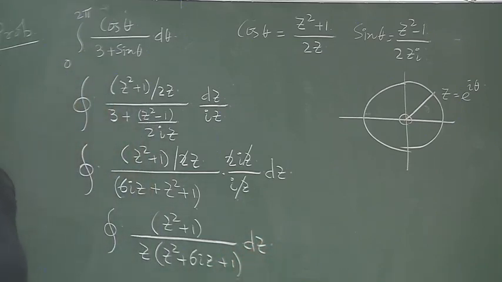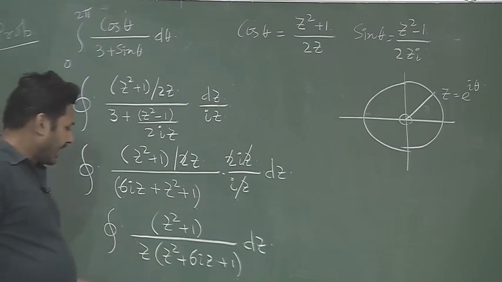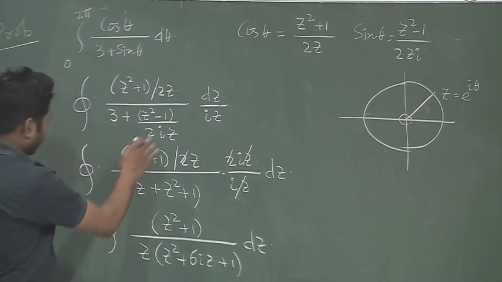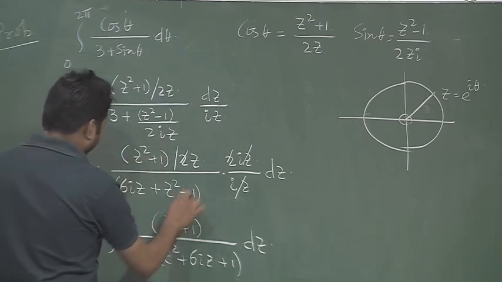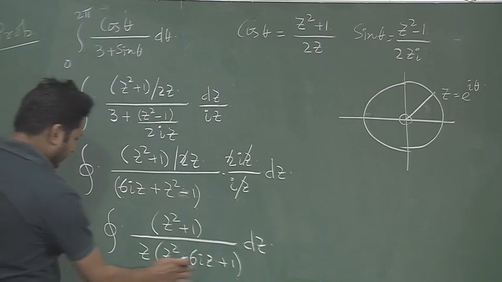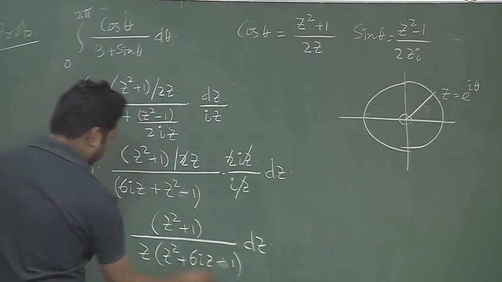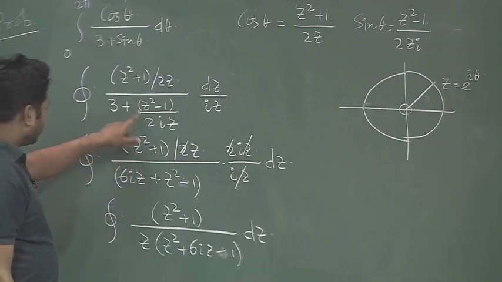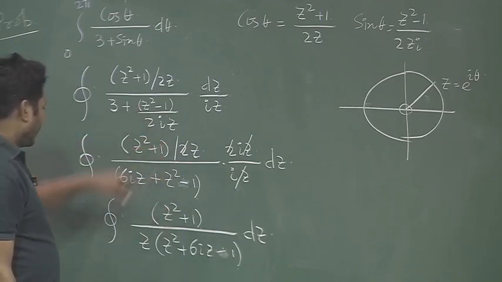This is the function I finally have in my hand. So, let us check once again everything. Okay, one sign is there, it should be minus. I can see this negative sign is sitting here. So, this is minus: 6iz plus z square minus 1 and other things are there.